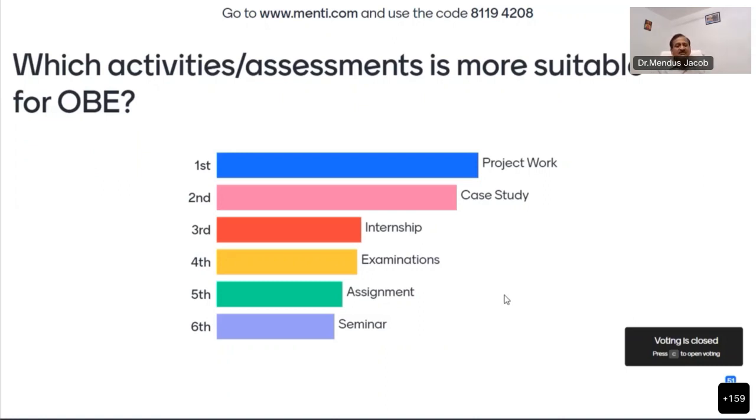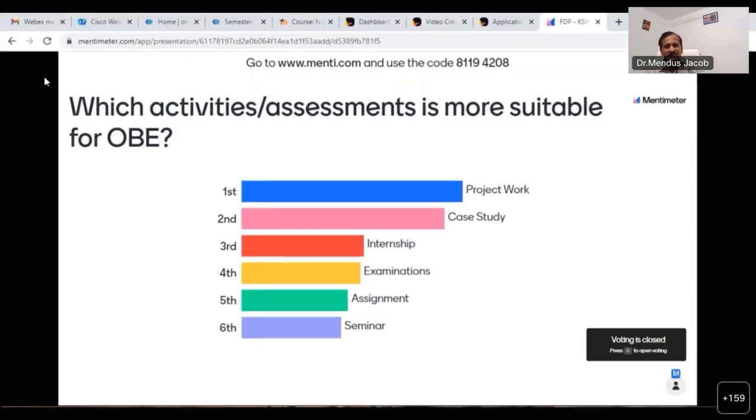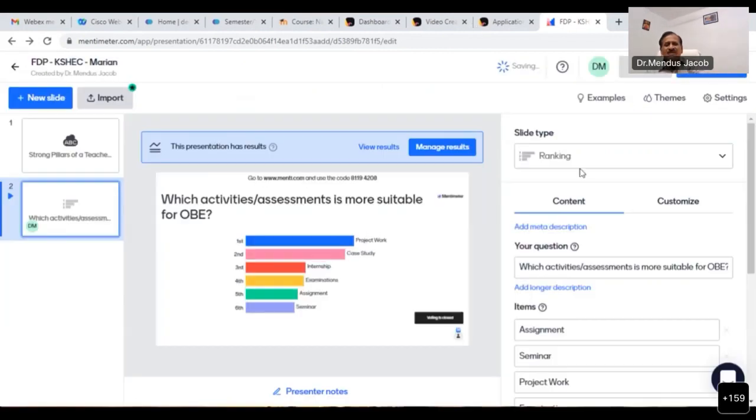Case study is just studying about a case only, whereas in the internship, they are actually working in a company and doing something. That means they are applying what they are studying there. And if they want to apply something, definitely some higher order taxonomy levels will be there. So anyway, your options are good, and you can adopt such strategies when you are implementing OBE in your place.